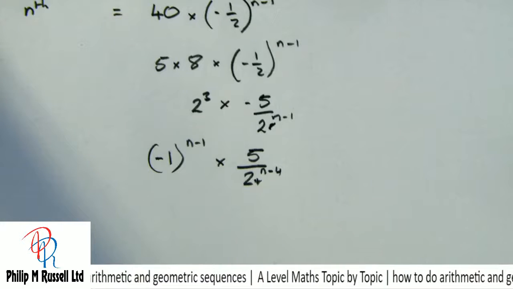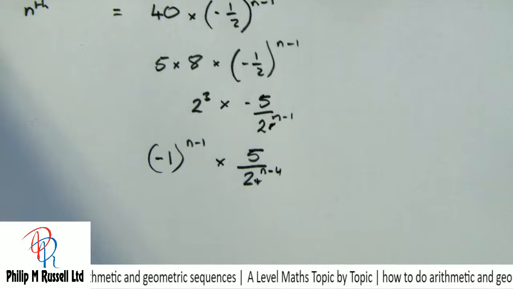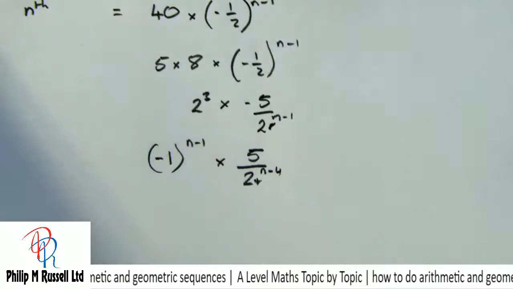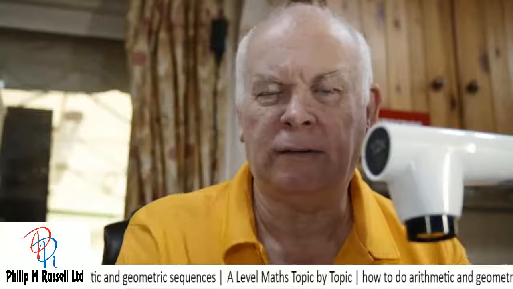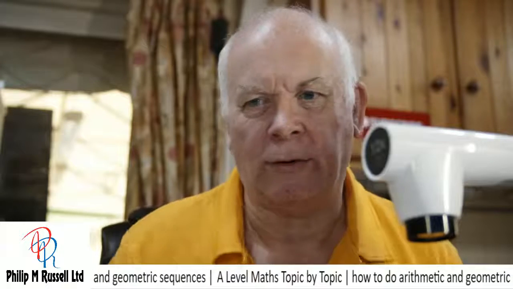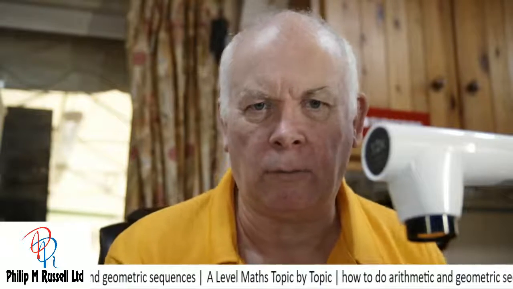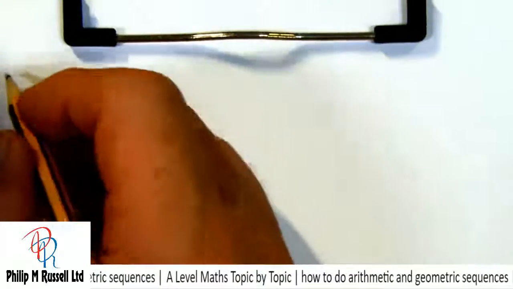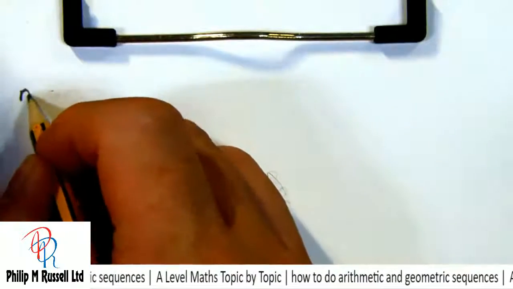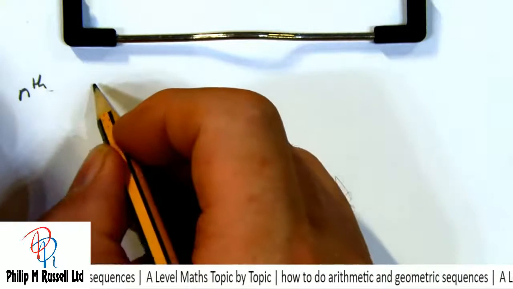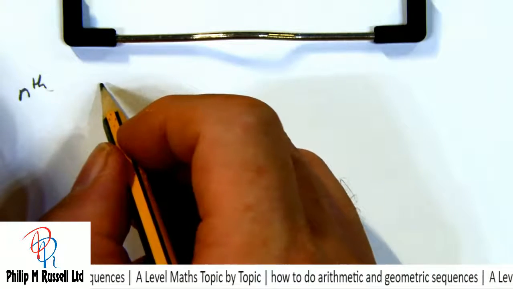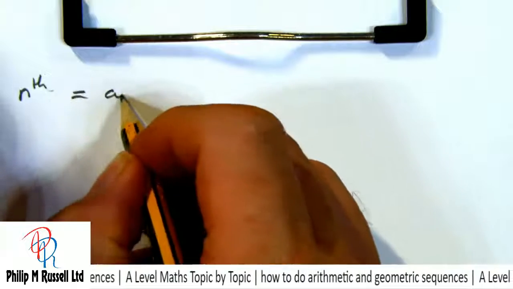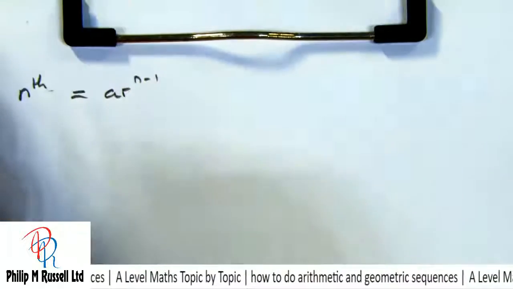Where do you get some problems with some of these? Well, let's suppose we look at this one a different way, and we're starting to have to delve in and try and work out what a and r are from our sequences. So let's say that the nth term is going to be ar to the n minus 1.